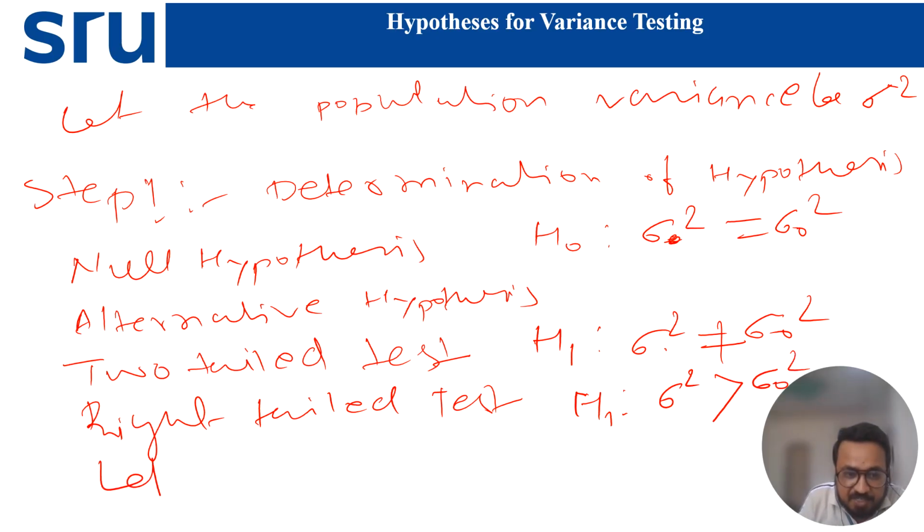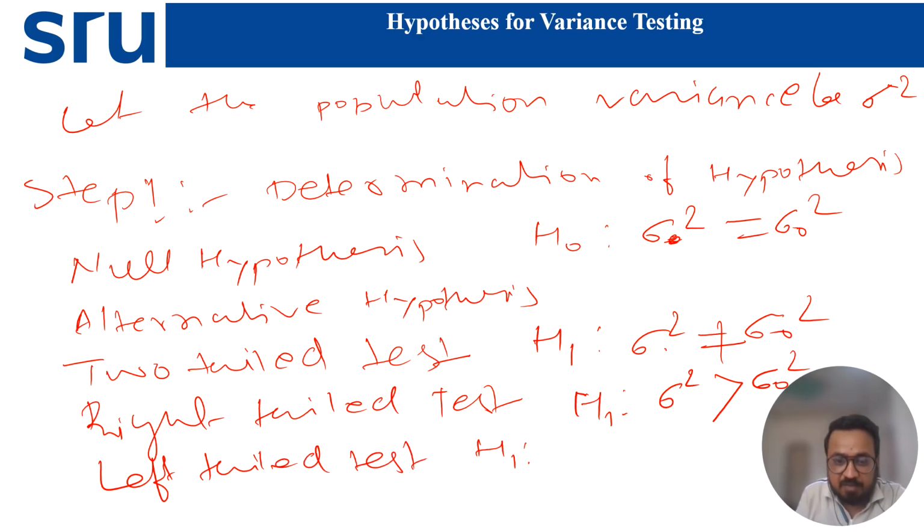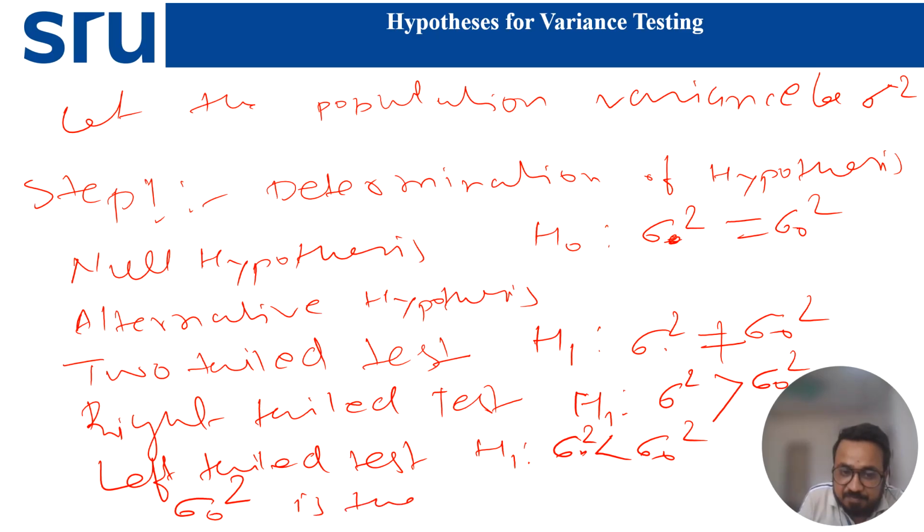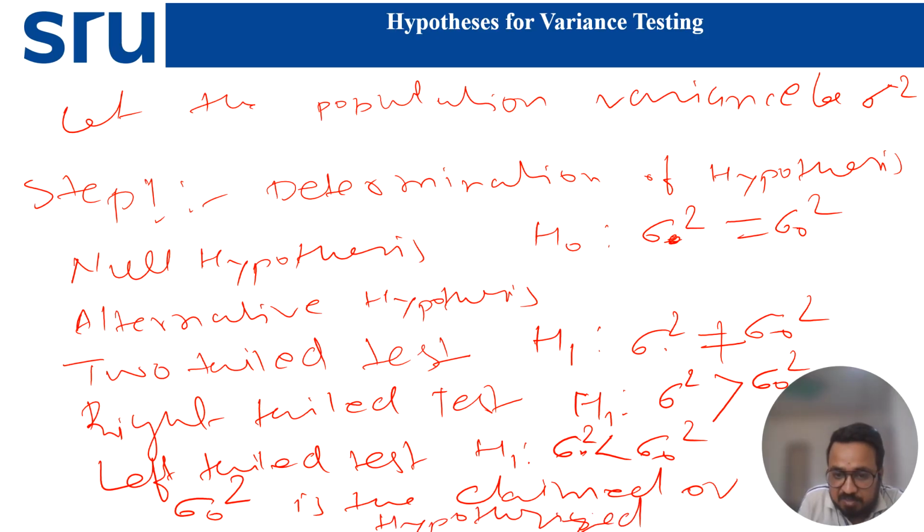And if it is a left-tail test, then H1 will be sigma square less than sigma naught square. Here sigma naught square is the claimed or hypothesized variance.